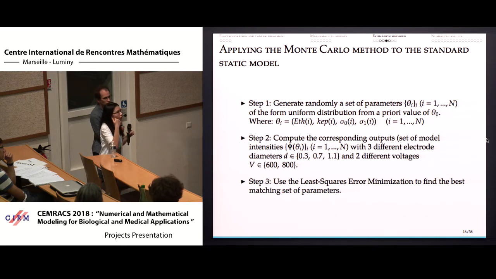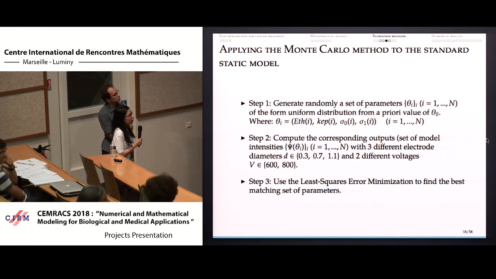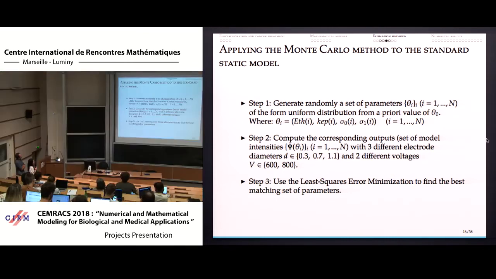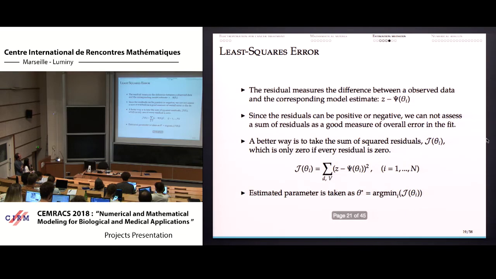Don't worry, when we go to the slides of the results, we can see something. The second step, we compute the corresponding intensity with 3 different electrode diameters and 2 different voltages. And the last step, we use least square error minimization to find the best matching set of the parameters.